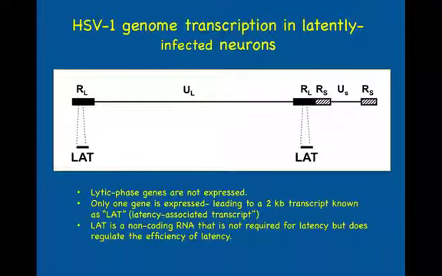HSV1 genome transcription in latently infected neurons. The LAT gene is specifically a latency gene. None of the lytic genes are expressed. It's just this one 2 kilobase transcript known as latency associated transcript, or LAT. LAT is a non-coding RNA that's not required for latency, but does regulate the efficiency of latency.